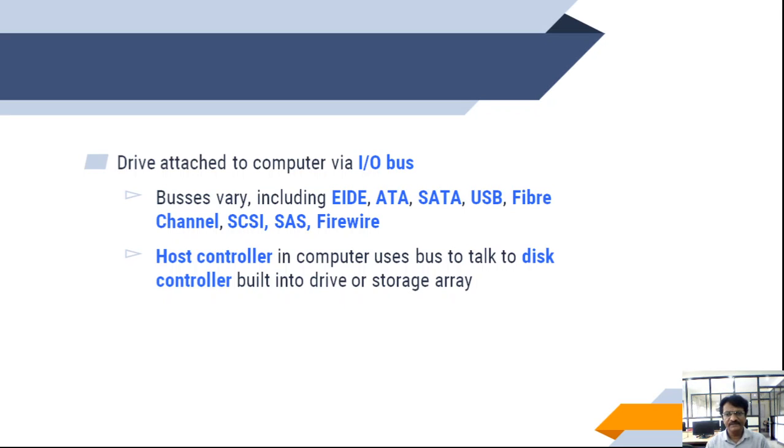A disk drive is attached to a computer by a set of wires known as a bus, the input output bus, also called the IO bus. Several kinds of buses are available, which help us transfer data from the disk to different parts of the computer.